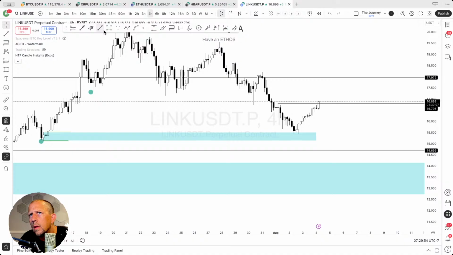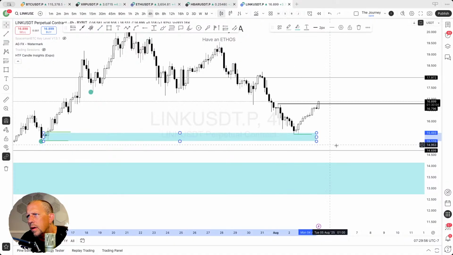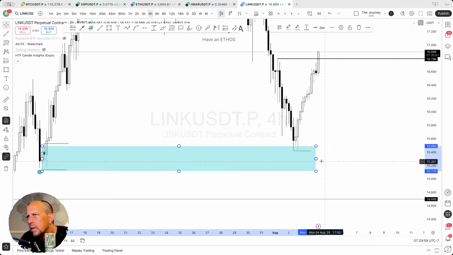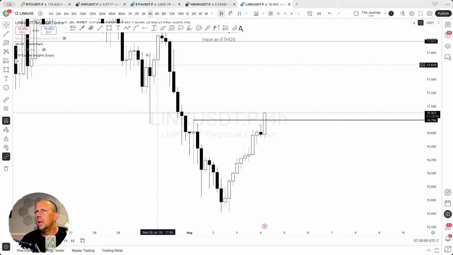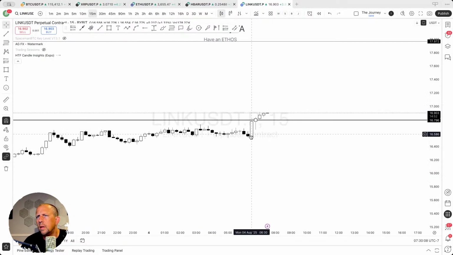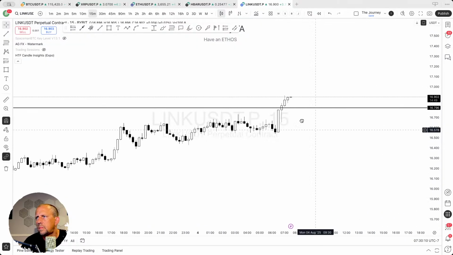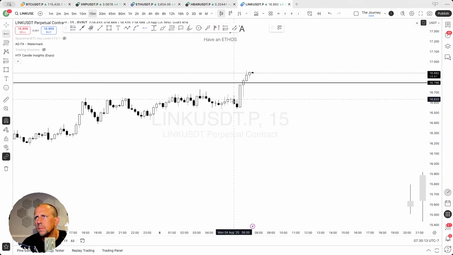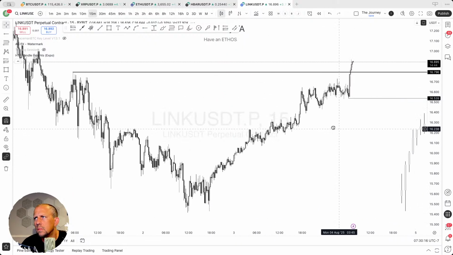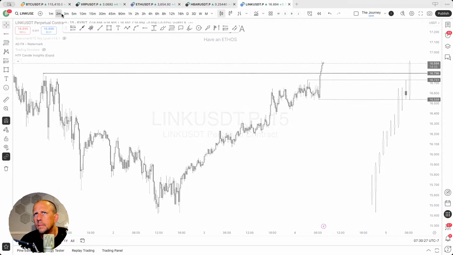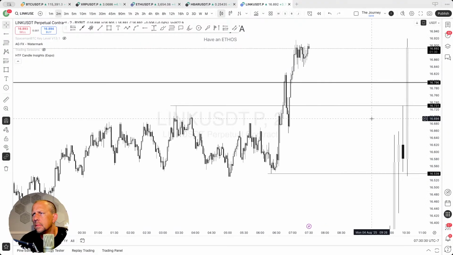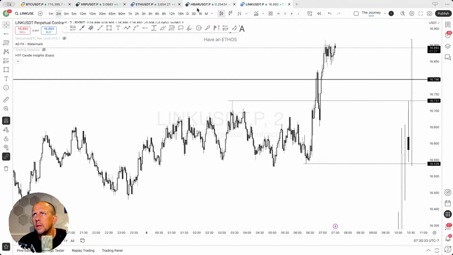Then I think you had a local range that swept the low. No, not quite. Still looks pretty interesting though. What's that, 15 right here? Yeah, Link looks pretty good.